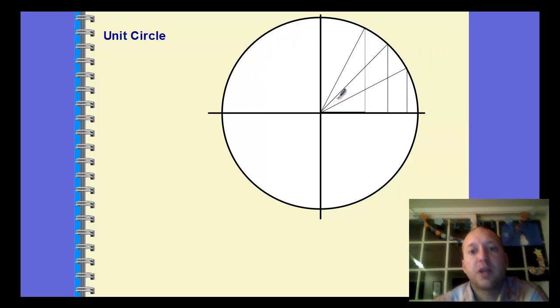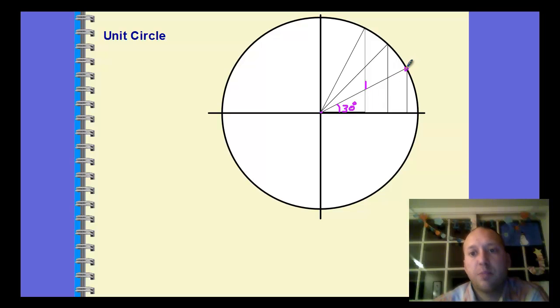So really what we're doing here is we're looking at an angle here of, for this example, 30 degrees. It creates a right triangle. If we take this radius from the center to the circle, that radius has a length of 1.